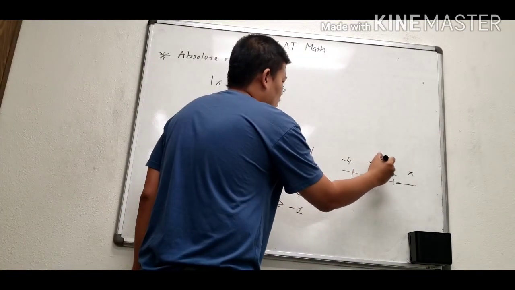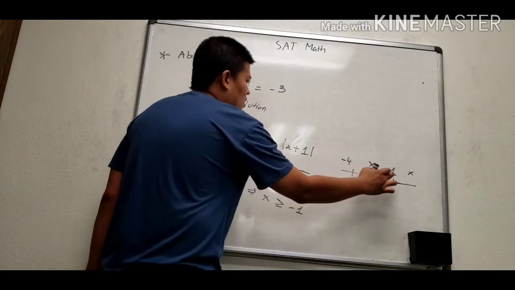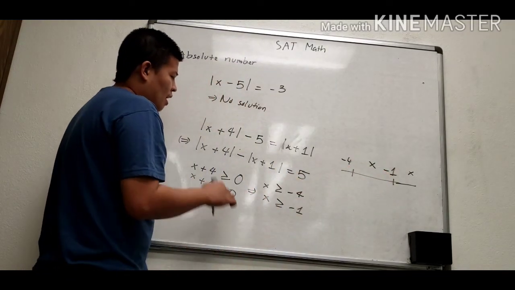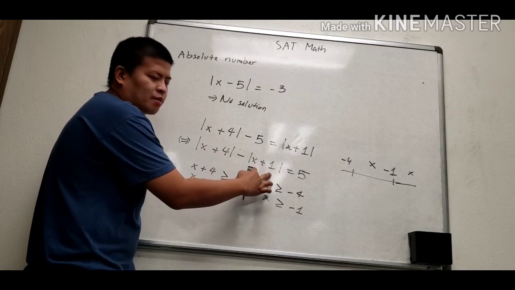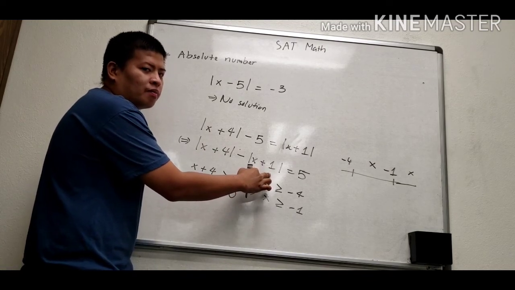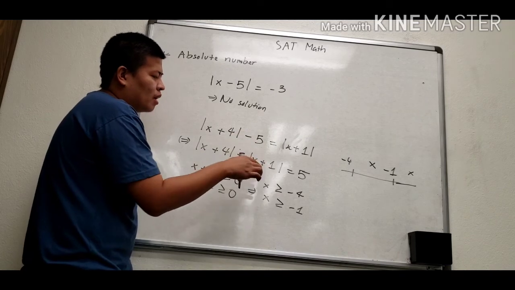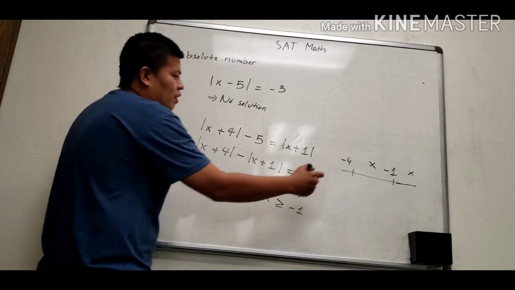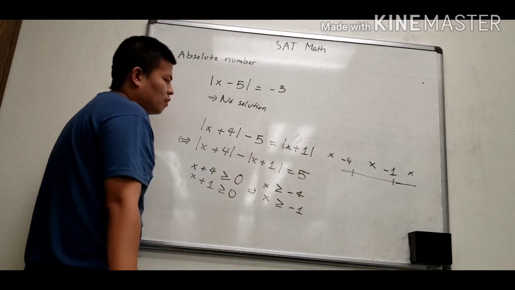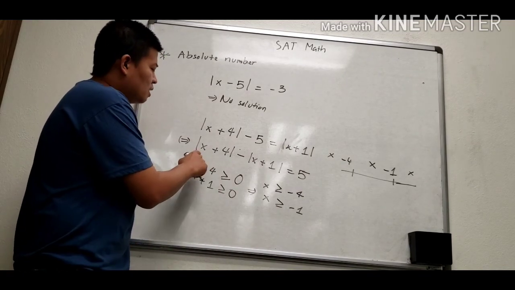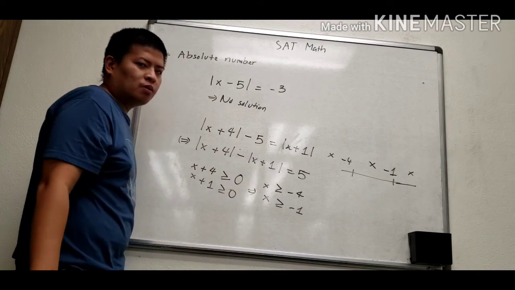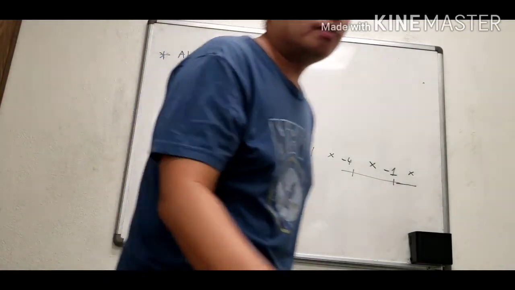If the result lies between minus 4 and minus 1, s plus 4 keeps the same, but s plus 1 will become minus with brackets, minus (s plus 1). If the result is below minus 4, all of them will change to minus (s plus 4) and minus (s plus 1), and I will show you.